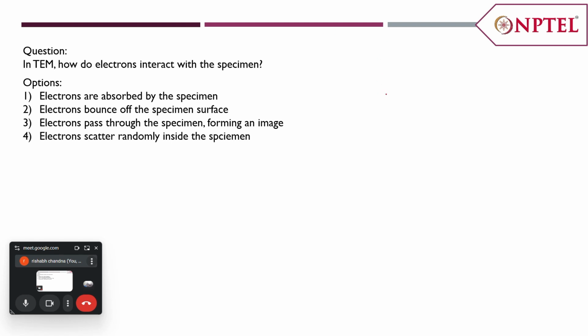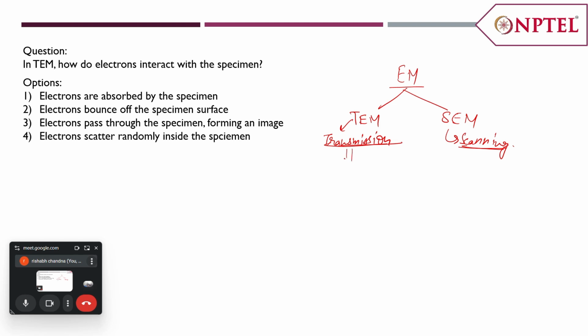So, there are generally two kinds of electron microscopy that are used to study samples. First is transmission electron microscopy, and the second is scanning electron microscopy. So this is transmission and this is scanning. Okay, so first we'll see the case of transmission.